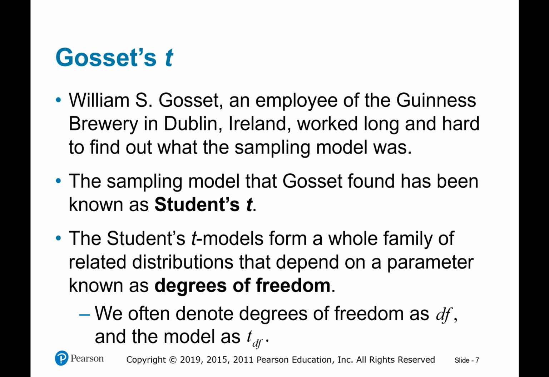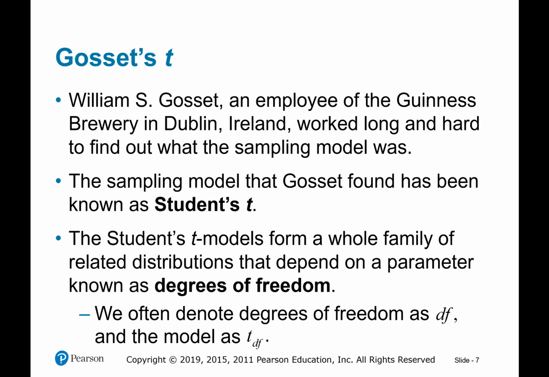Now, again, you'll see this in a couple of different ways. It really should be called Gosset's T. At that time, when Gosset stumbled across this need and developed his own model, the Guinness Corporation had prohibitions on their employees making money basically that didn't go straight to Guinness.